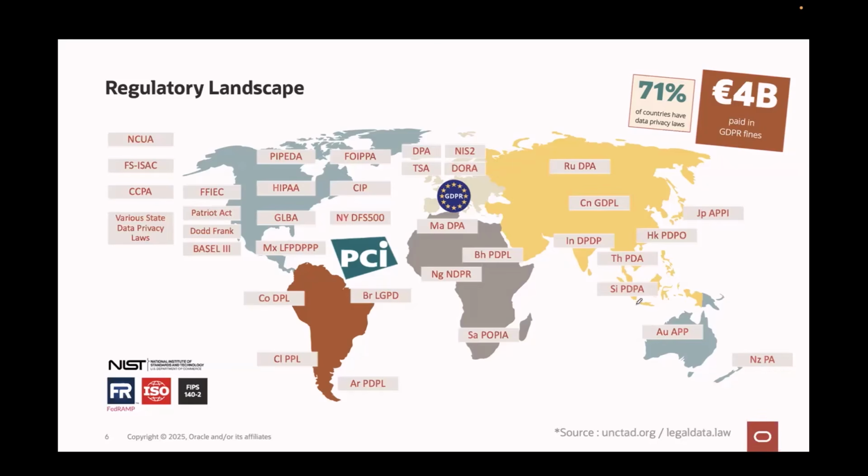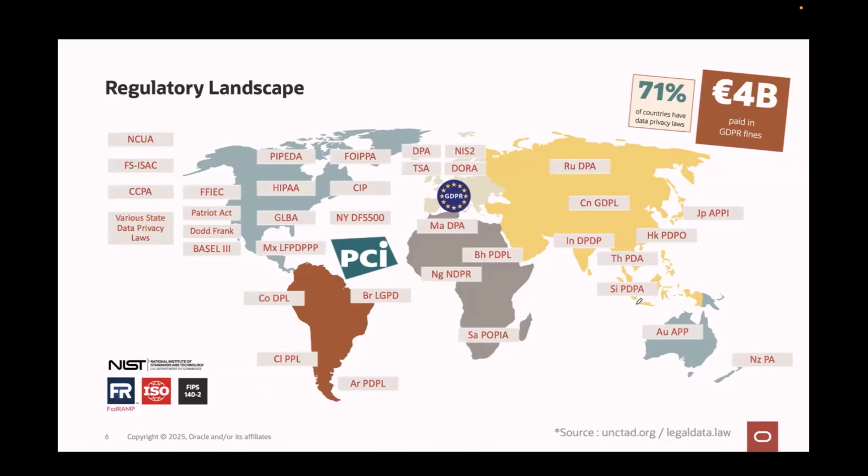So there are directives or guidelines from the standards perspective, and there are some specific regulatory compliances that every country needs to comply with, which are more local, or some that are global, like GDPR. GDPR came in, and then many other countries started adopting something similar to GDPR, and those become very country-specific data privacy laws.